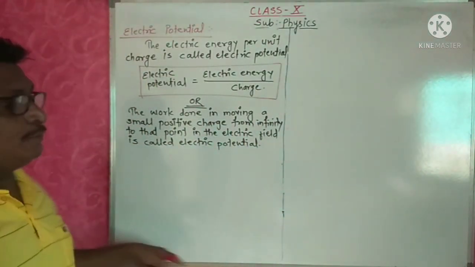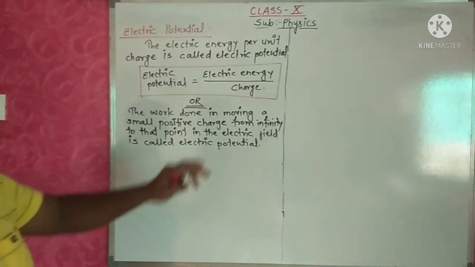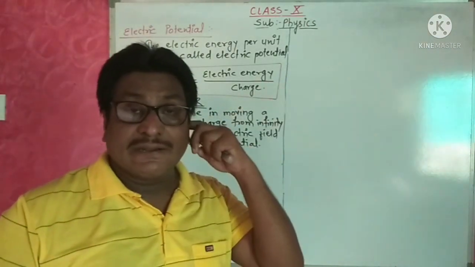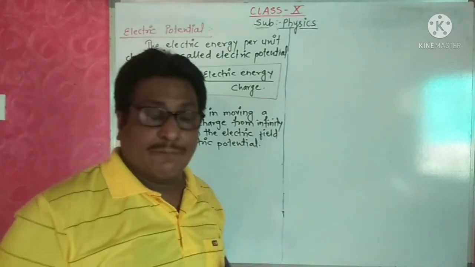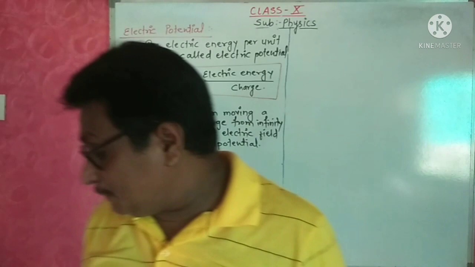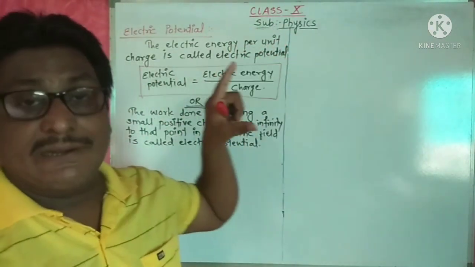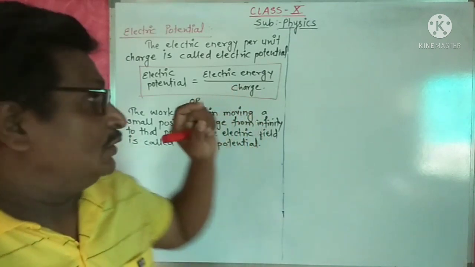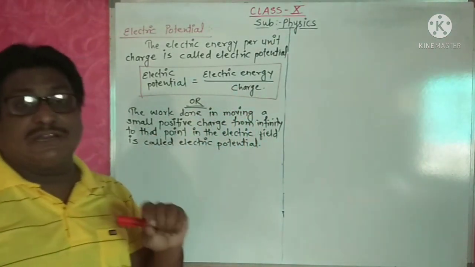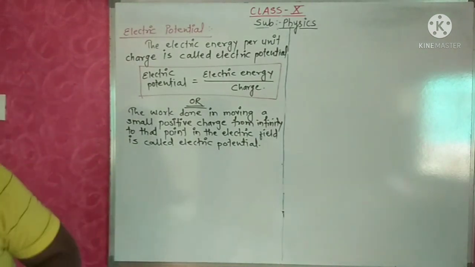And due to this flow of charge, it produces potential difference and electric current. What is the meaning of potential difference and electric current? That difference we will discuss.